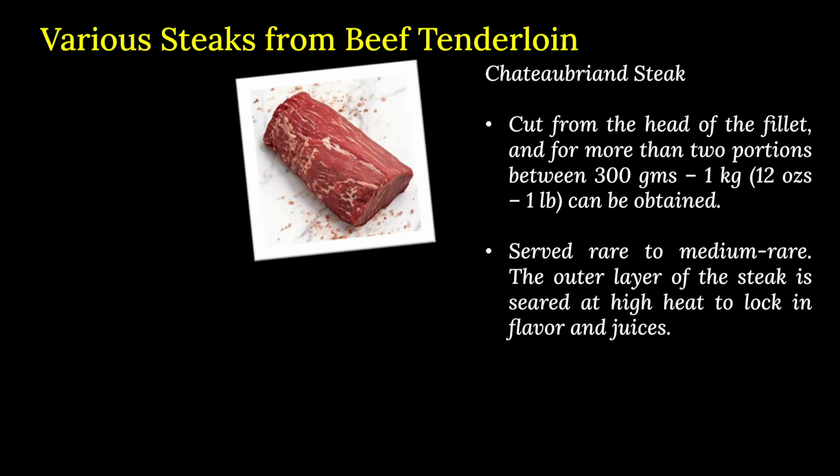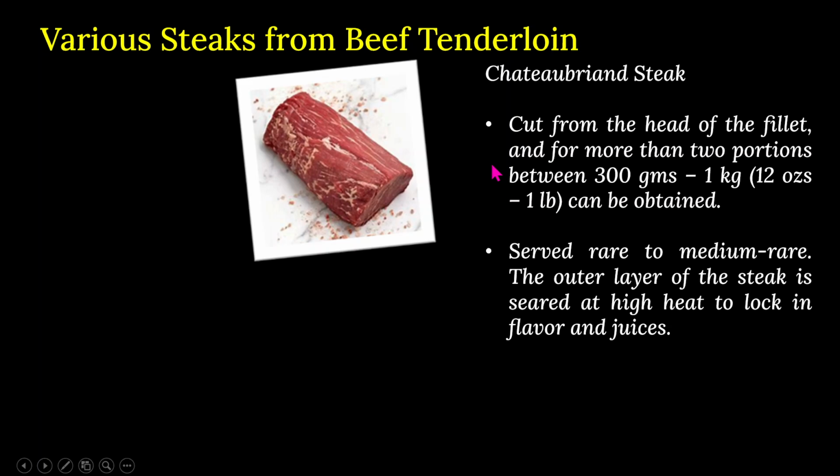So first the meat has to be seared on high heat to lock in the flavor and juices, and then it will be cooked to rare to medium rare. In the following class we'll discuss the doneness of the meat in detail. Today our objective is only to know about the steak.